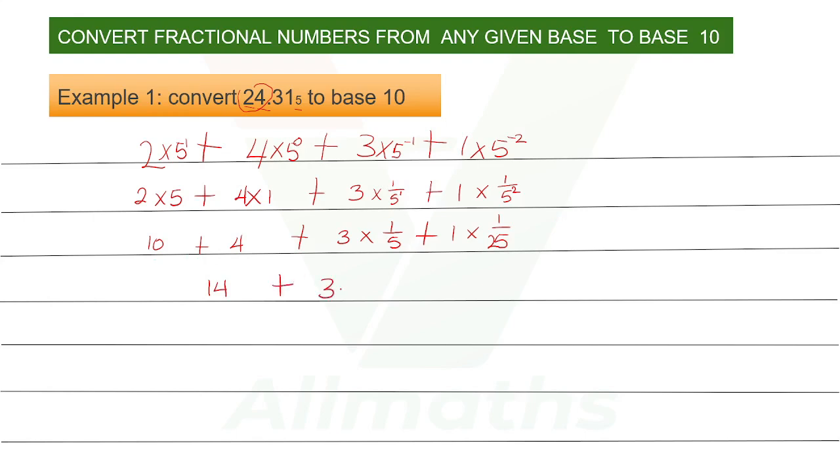Converting this, you can either do it as a fraction or convert it to decimal form. 1 over 5 in decimal is equivalent to 0.2, plus 1 multiplied by 1 over 25, which in decimal is equivalent to 0.04. Now we are left with 14 plus 3 times 0.2, that's 0.6, plus 0.04.